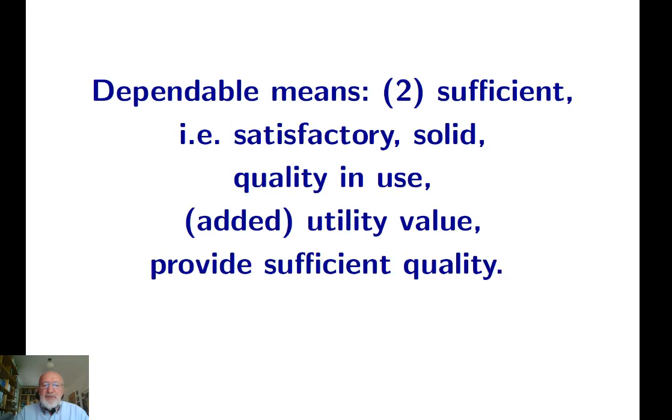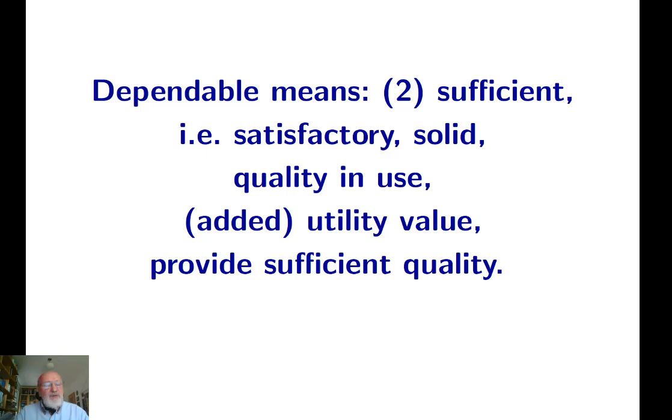The second property of dependability means it should be sufficient in quality. Classically, quality in use or quality of use or quality for use, it should of course have an added value.